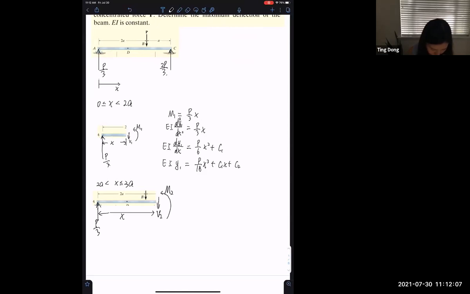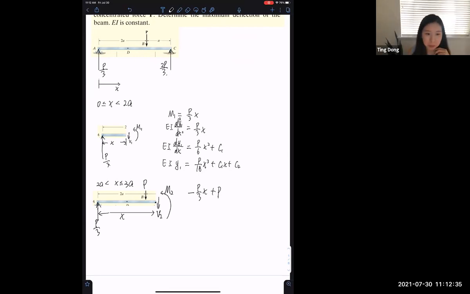So for the equilibrium equation, again, we write the moment equilibrium equation about the cutting point. The reaction force at point A generates a clockwise moment, P over 3 times x. And the applied force here will generate a counterclockwise rotation.